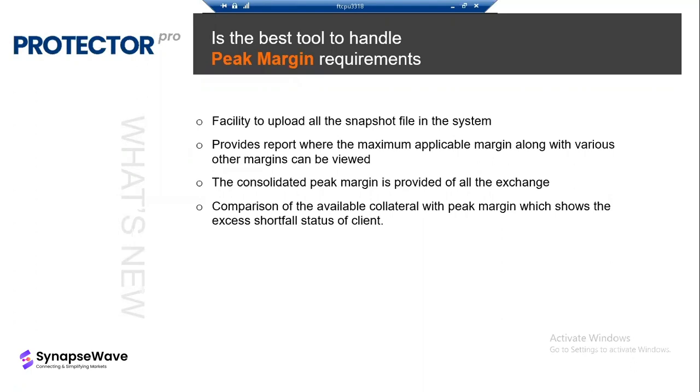Further, consolidated peak margin is provided for all the exchanges, cumulative and segregated both. Comparison of the available collateral with the peak margin shows the excess or shortfall status. So when we get the peak margin, we know the total position. This is the margin required from the clients, and if the collateral is short, you can immediately call the clients and have control on it.